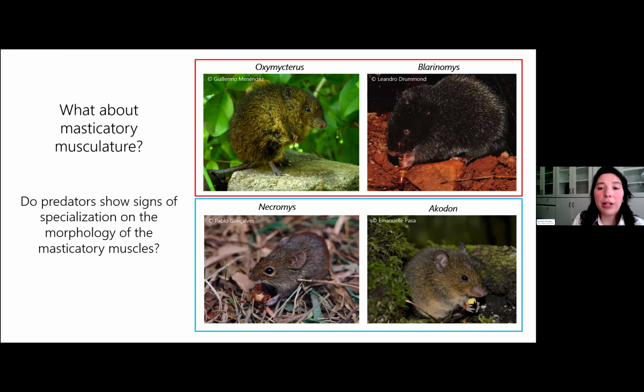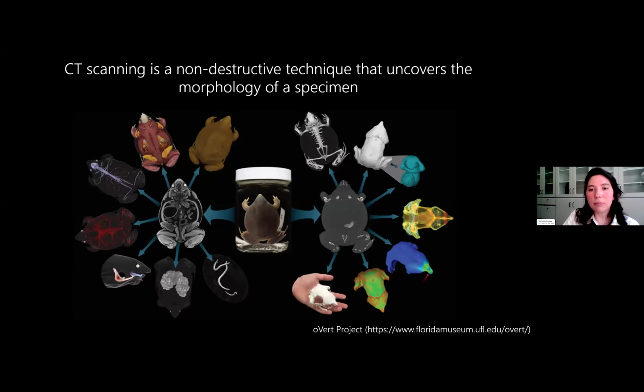We wanted to compare the masticatory muscles of predators, represented here by two species in the red square, Oxymycterus delator and Blarinomys breviceps, with omnivore or non-predatory species, represented here in the blue square by Necromys and Akodon. So basically, we wanted to know if the functional adaptations that we saw on the jaw were also reflected in muscle morphology, since the jaw is basically an area for muscle attachment.